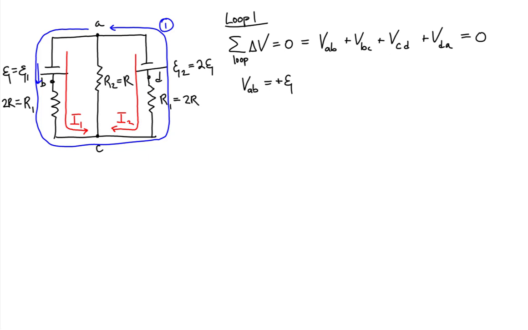Whenever we do that, we add the EMF of the battery. And that's because, remember, when we go from the negative terminal of a battery to the positive terminal, when we evaluate voltage as we move along a path, we add the EMF.